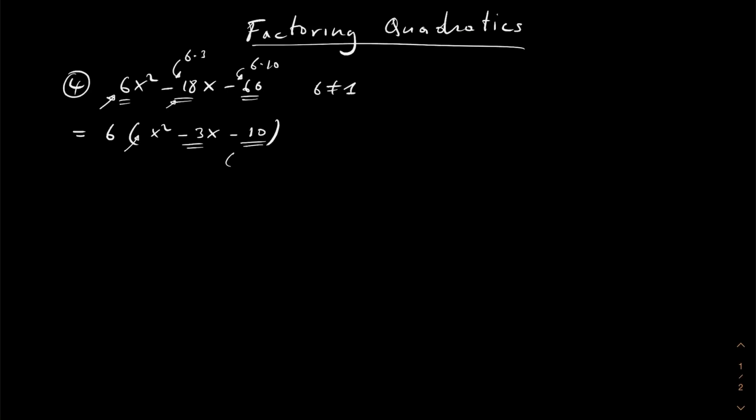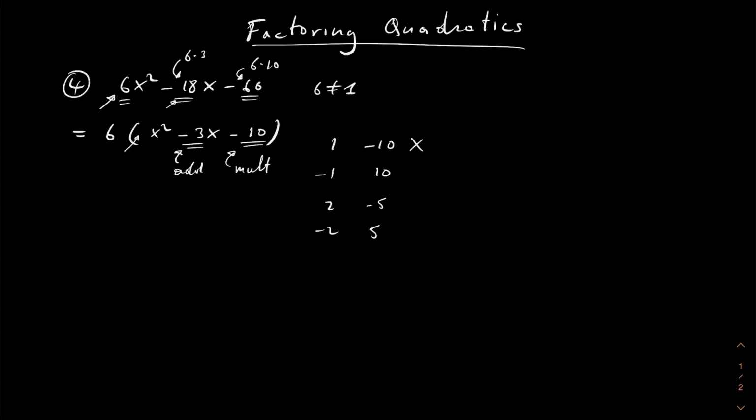As usual, I will start by finding numbers that multiply to negative 10, and start with the most obvious. It's going to be 1 and negative 10, and then its opposite, negative 1 and 10. And then I'm going to get as well 2 and negative 5, and its opposite, negative 2 and 5. And then that's about all the pairs I can think of. Now let's go ahead and start checking to see if some of them work. So 1 and negative 10 doesn't work.